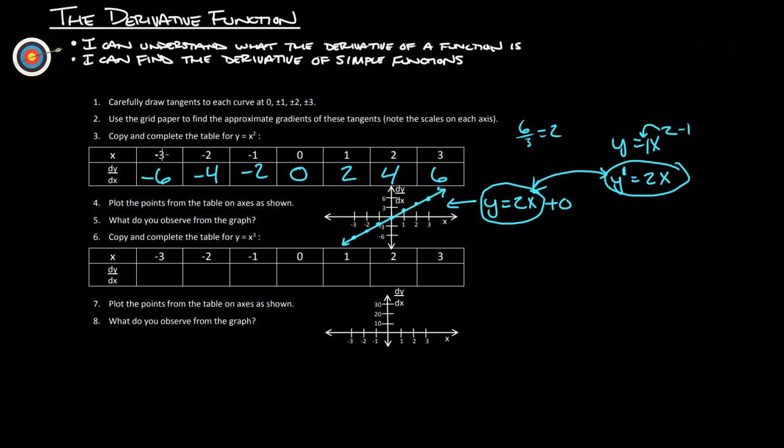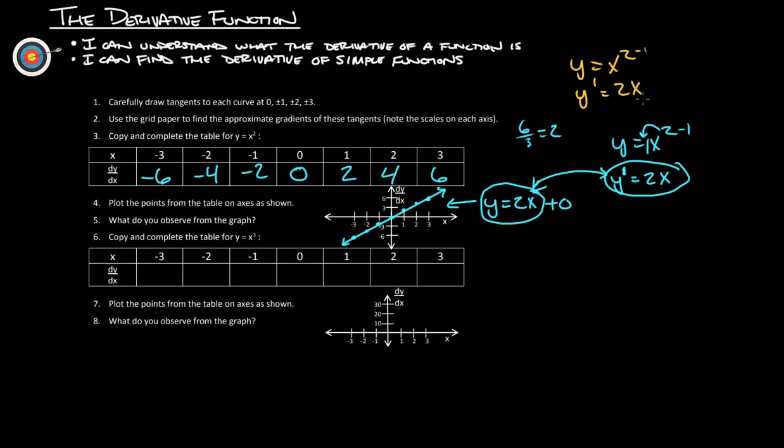So now here's the great part. Look, if I plug negative 3 into our derivative, because our regular function here is y equals x squared, right? So our y prime, our derivative of this, is going to be 2x to the first, right?